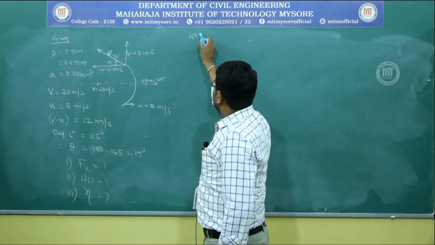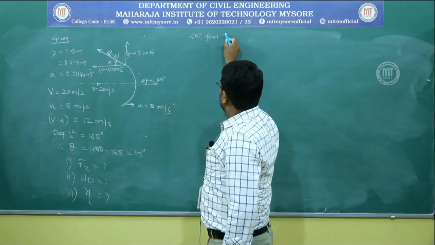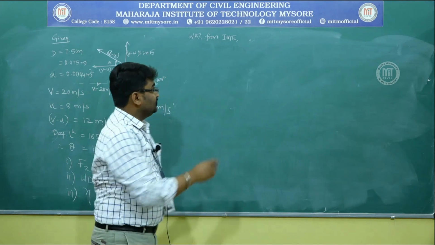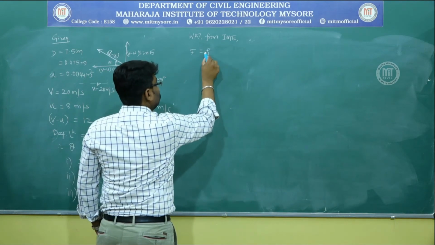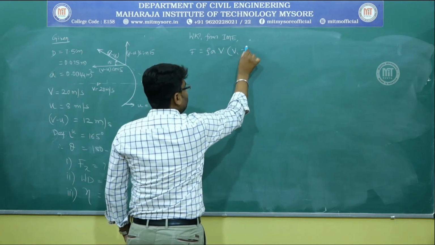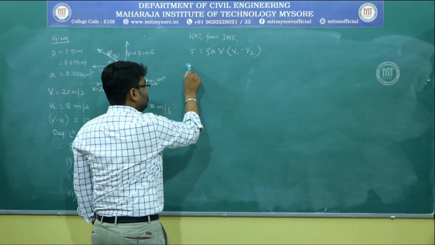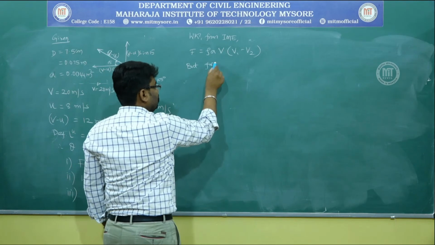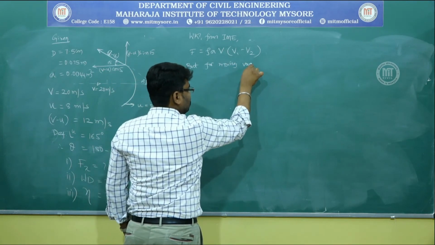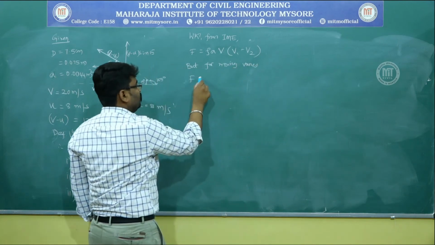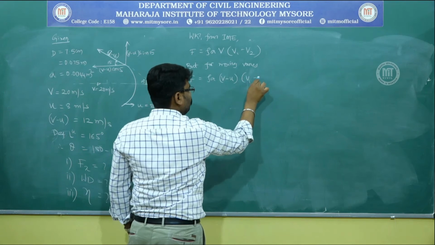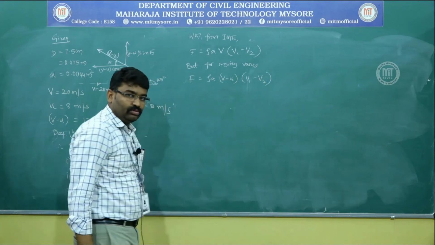We know that from impulse momentum equation, F is equal to rho a v into v1 minus v2. But for moving vanes, F is equal to rho A into V minus U into V1 minus V2.